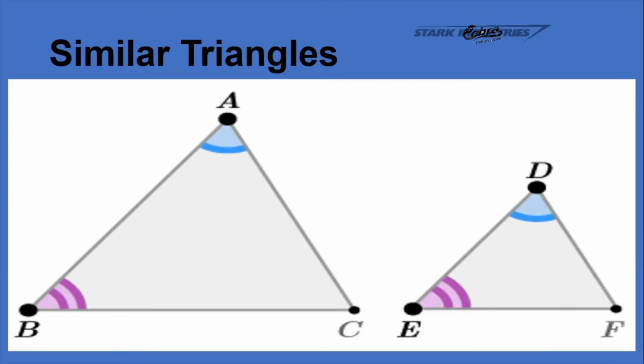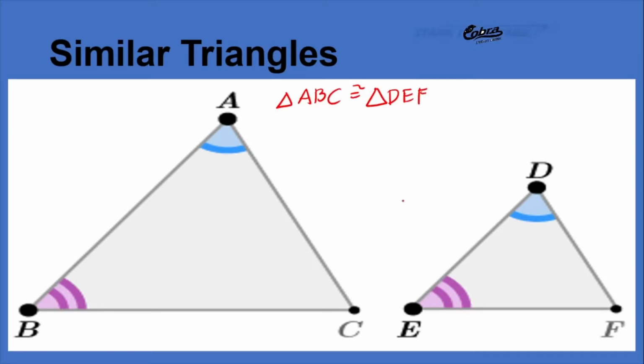As you can see right here, we can say that these two triangles are similar to each other, because if you take a closer look, triangle ABC is similar to triangle DEF.